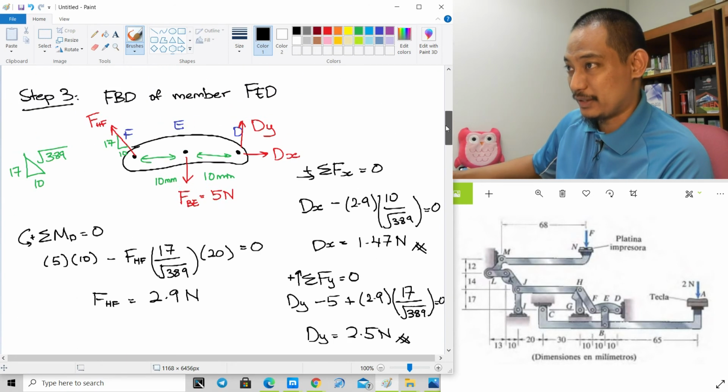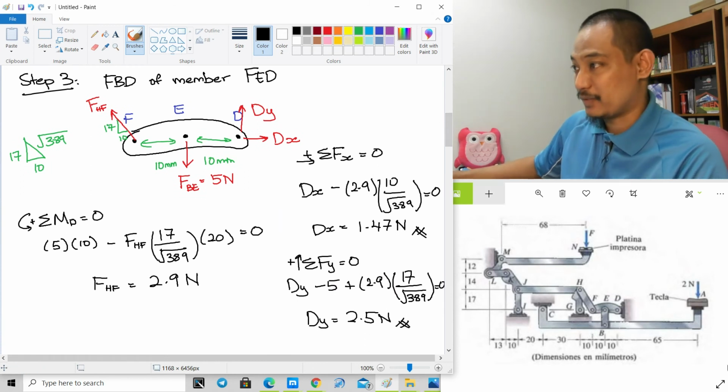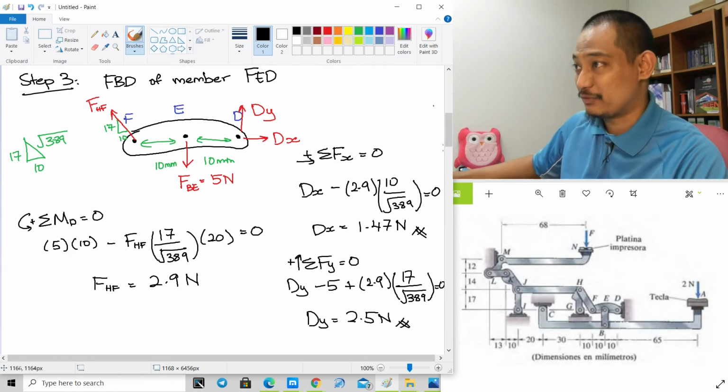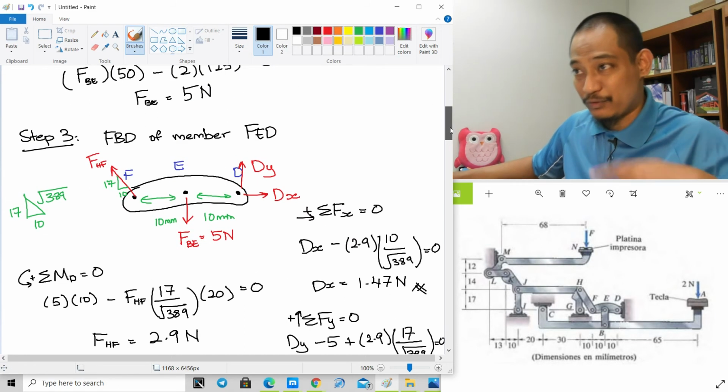So we get that from this free body diagram, and we have solved at D. Now moving on to the next part, we can move to member FH. If you draw the free body diagram, it's straightforward because it's a two force member.